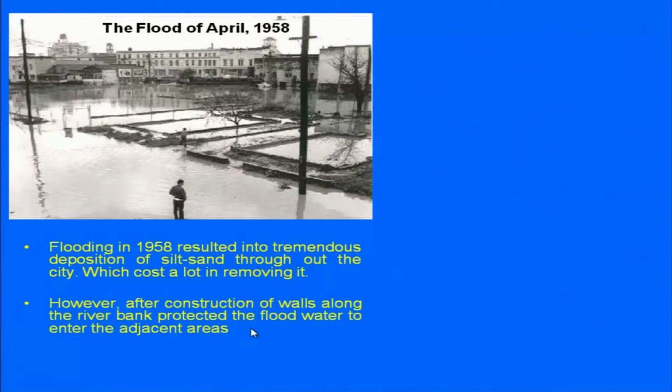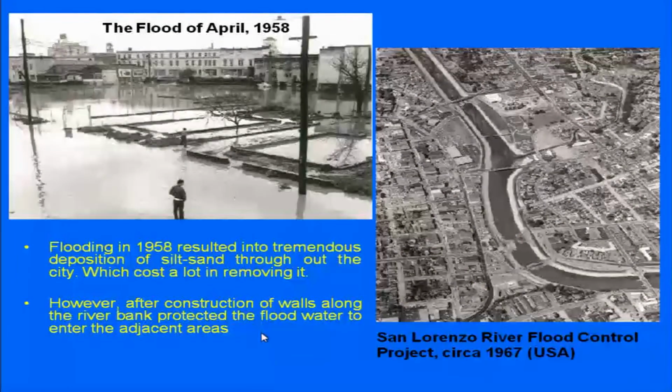This is an example from the US, the San Lorenzo River flood. This is before the city got affected by floods in 1958, and what you see in the photograph is from 1967, after the flood control project was operated and the channel was channelized, constructing the channel pathway.